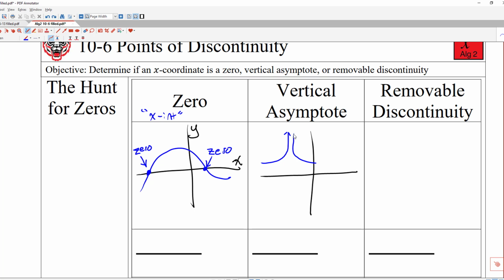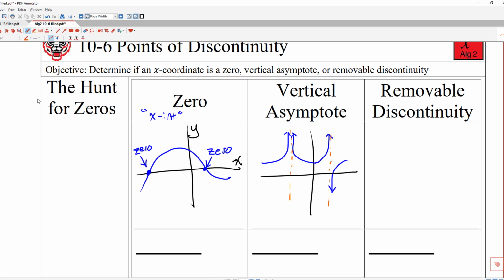So I have a vertical asymptote like that, and then I can have one that comes up again, and instead of coming up, I'll come down. So what are the vertical asymptotes here? Usually it's a dashed line right here, a dashed line right there. Those would be the vertical asymptotes. Vertical meaning going up and down, not left or right, right?